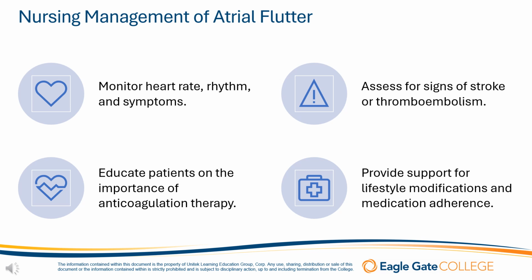Patients with atrial flutter are at an increased risk of stroke and thromboembolism due to the potential for blood stasis in the atria, so monitor for any sudden changes in neurological status, such as weakness, numbness, difficulty speaking, or facial drooping. These could be early signs of a stroke.